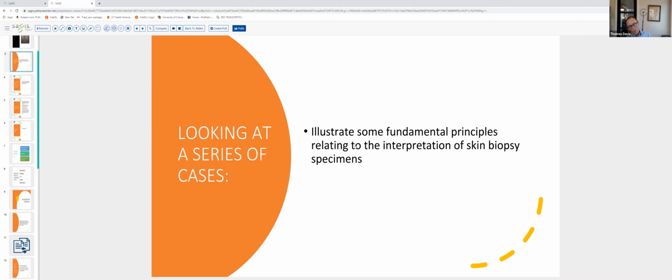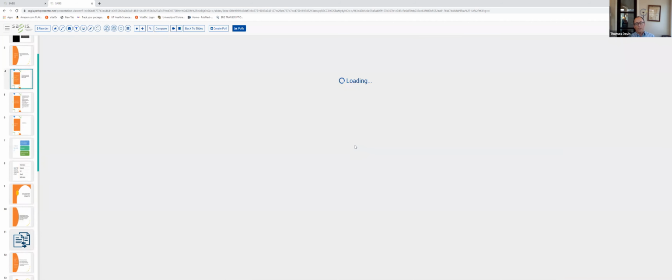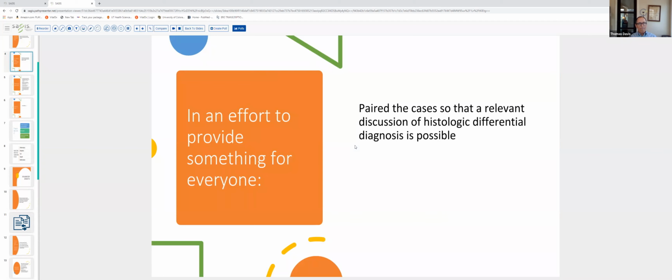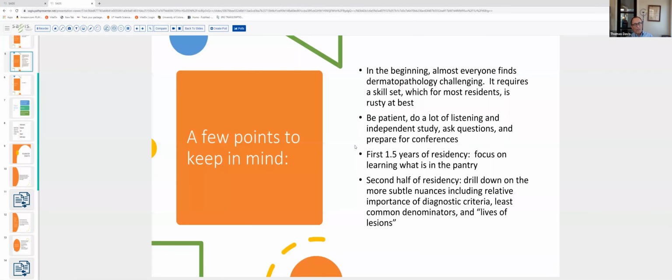This is predominantly geared towards the more junior residents, but in an effort to provide something for everyone, I've paired the cases illustrating some of these principles with histologic lookalikes so that we can have a relevant discussion of histologic differential diagnoses and hopefully add some interest for any of the more senior residents who are watching this, or watching it at a later point in time.